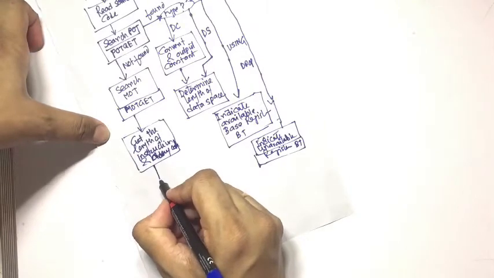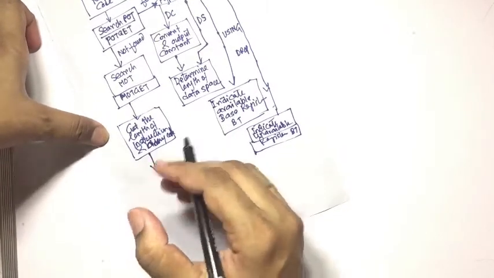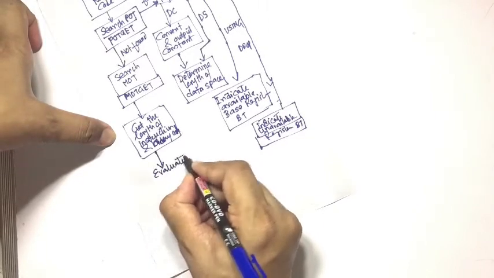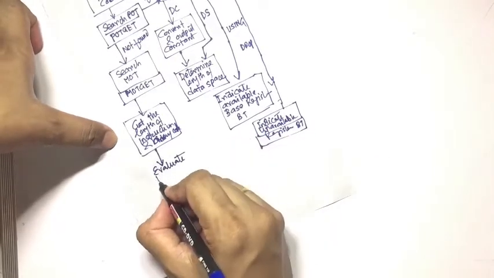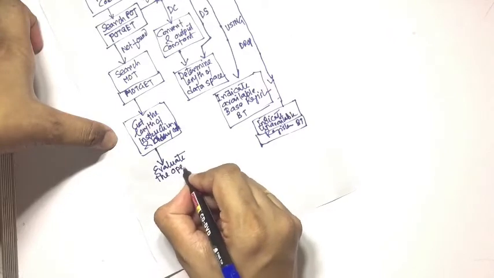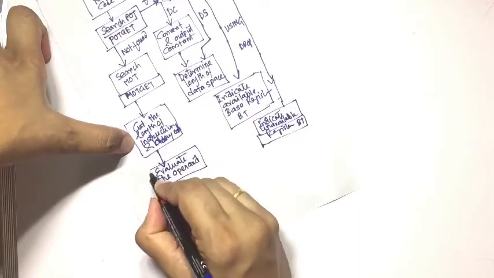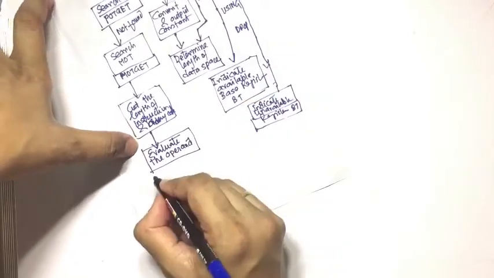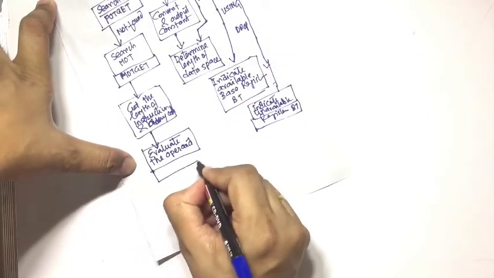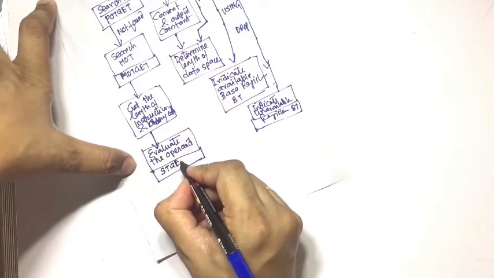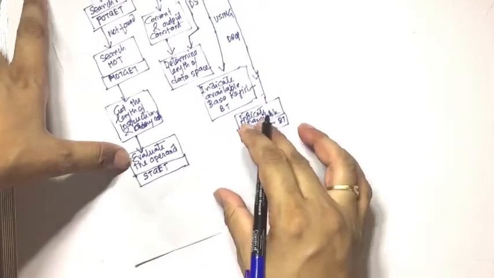And after the binary code we have to evaluate the value, that is evaluate field. Evaluate means execute. Evaluate the operand. This is the evaluation part of that operand, and during this operand evaluation the STGET method is used.